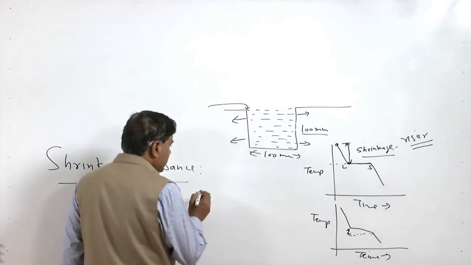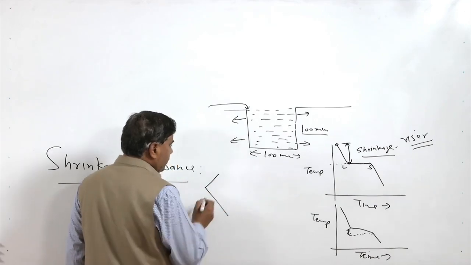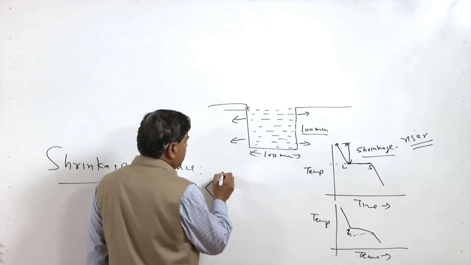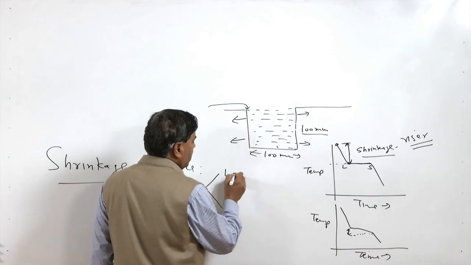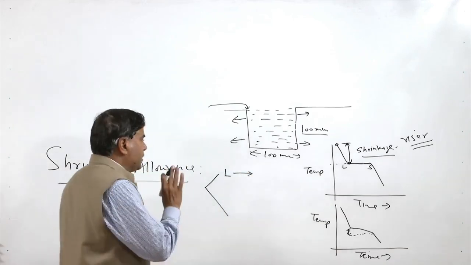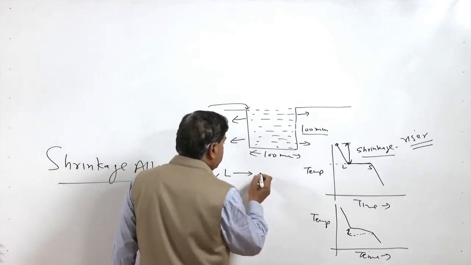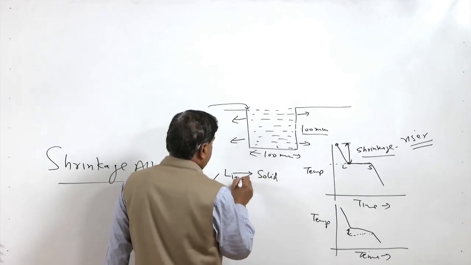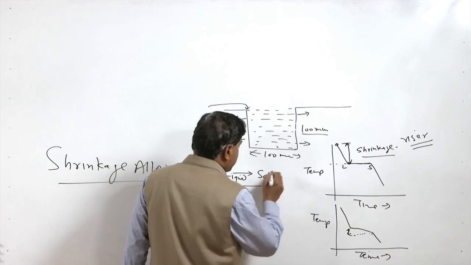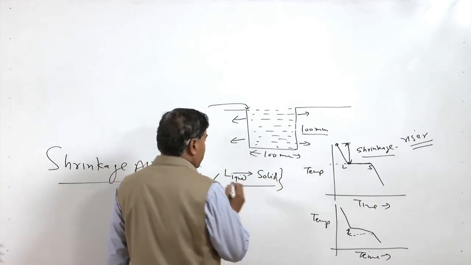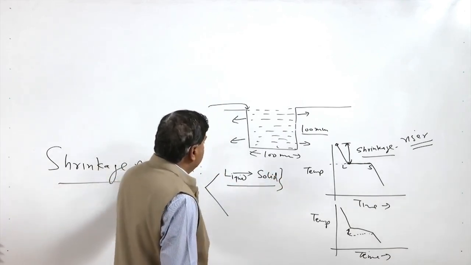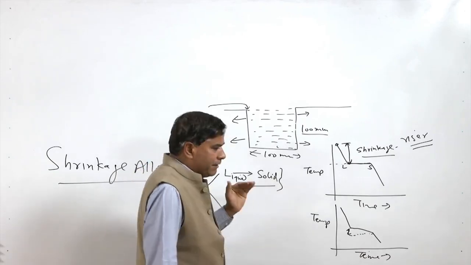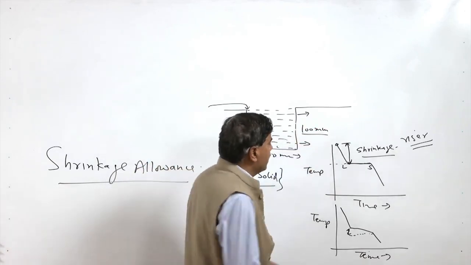So, basically two types of shrinkages are involved here. One shrinkage is due to the transformation of the molten metal from the liquid to the solid state, apart from the shrinkage which takes place in the liquid metal due to the reduction in temperature.